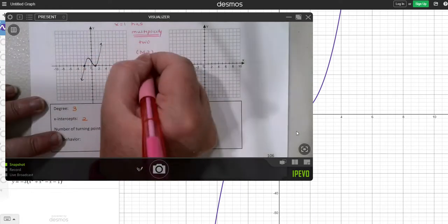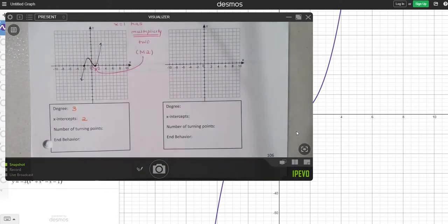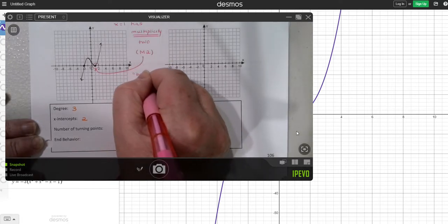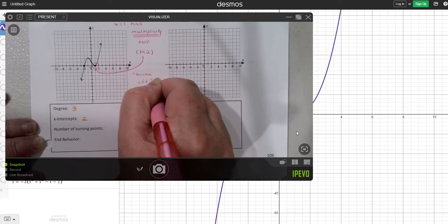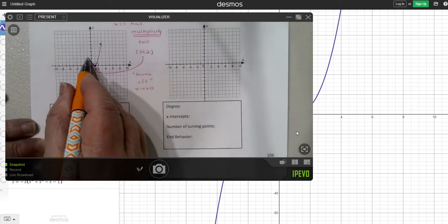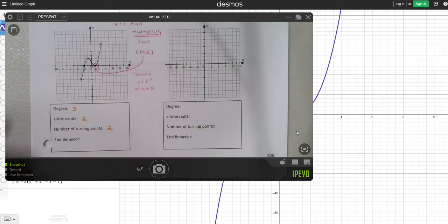And specifically, I noticed that right at that 0 of multiplicity 2, I had this sort of a bounce-off effect on the x-axis. And we're going to watch for that in some of the other graphs as well. Just to finish my little box here, I do still have 2 turning points. There's one maximum and one minimum. So right now, that 1 less than the degree still seems to be holding.